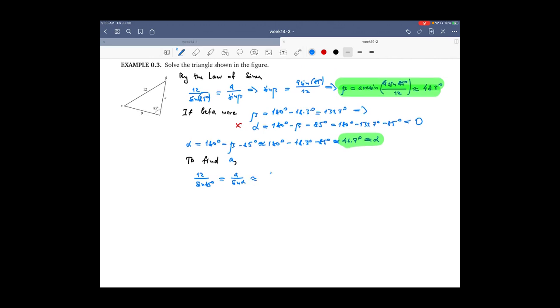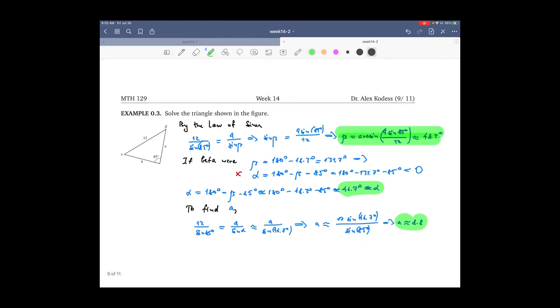So that's A over sine 46.7 degrees. So from here, A roughly is 12 times sine of 46.7 degrees divided by sine 85 degrees. That's roughly 8.8. And in this problem, we don't have any ambiguity.